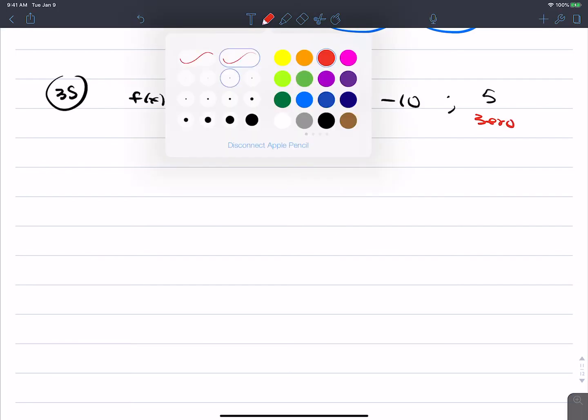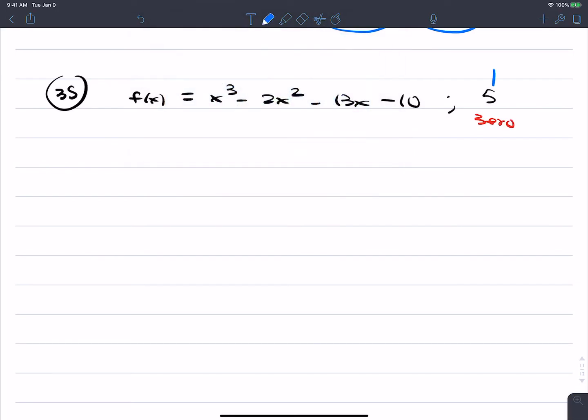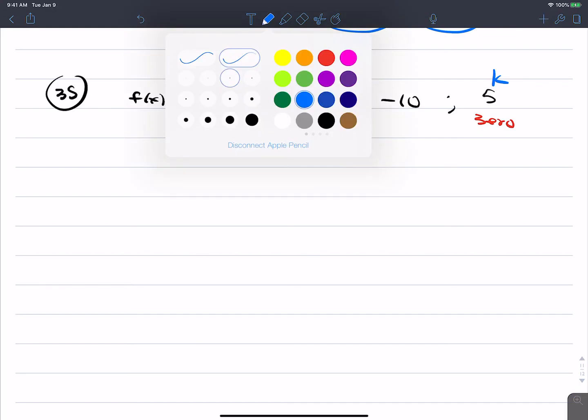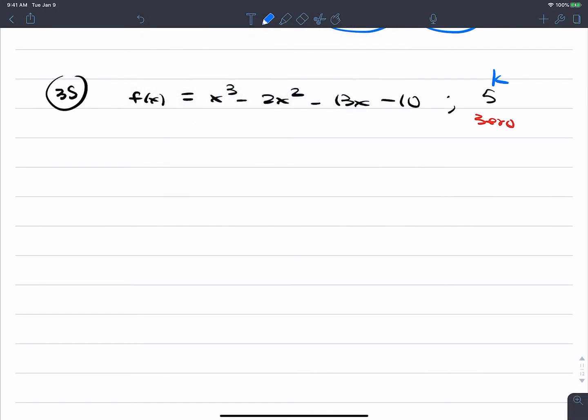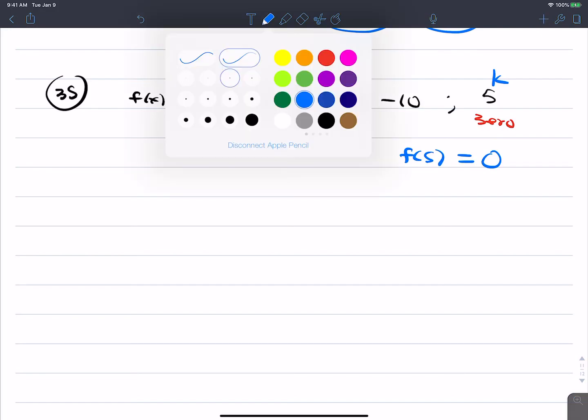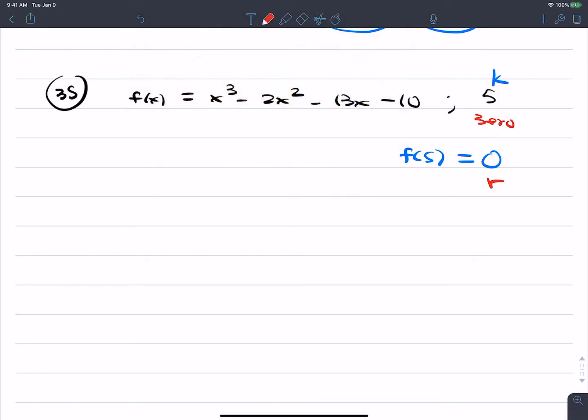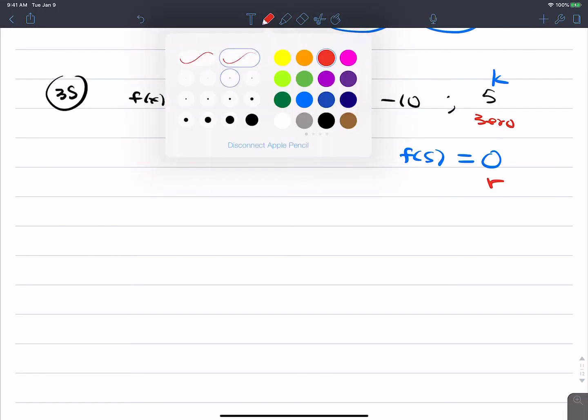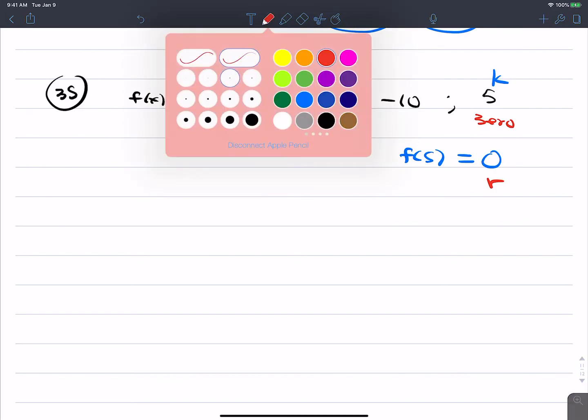So this k value here is +5 again, or not again, but it's +5. So since it's a 0, we know that f of 5 equals 0. This we also know is our remainder. So we still need the quotient.